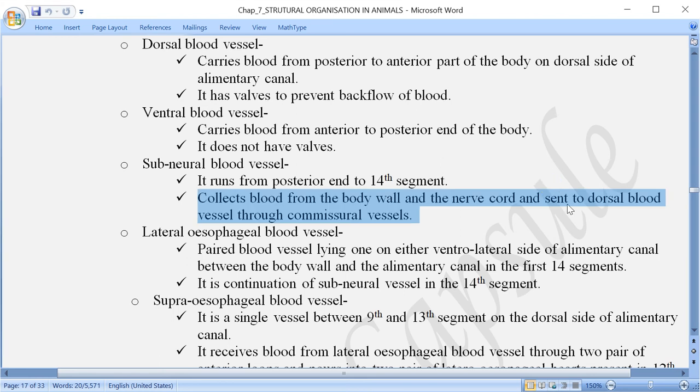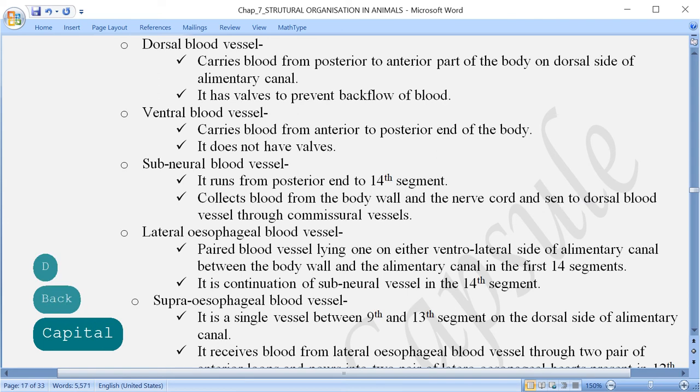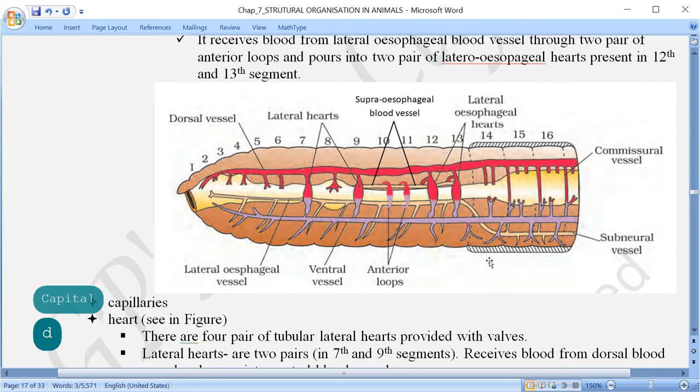Once again, the subneural blood vessel collects the blood from the body wall and from the nerve cord, and then it sends it into the dorsal blood vessel.